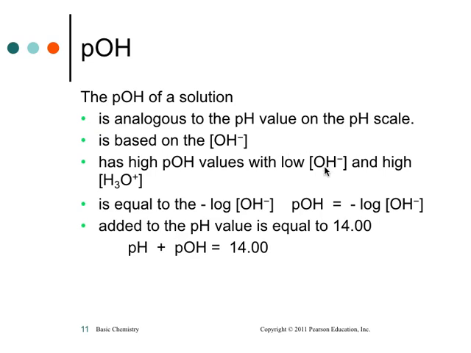Okay, so the lower this is, the more basic it is. So don't worry, just put the concentration of OH in, and take the negative log, and that'll give you your pOH. Okay, if you're trying to find the pH, you're putting in the concentration of the hydronium ion, and taking the negative log of that, and it'll give you a number. Okay, again, it's just to drive you nuts.